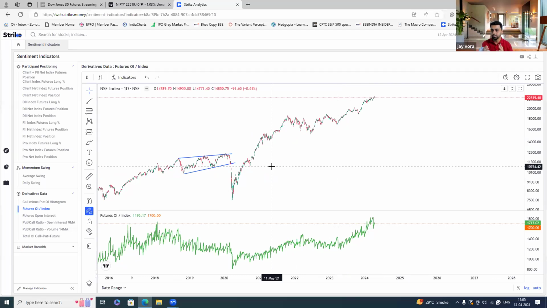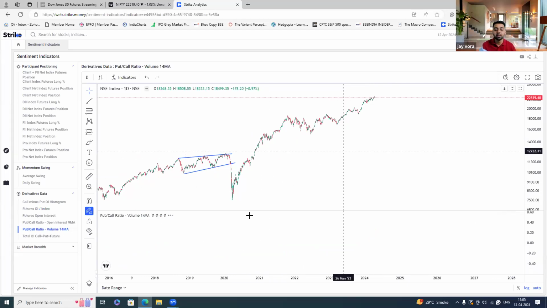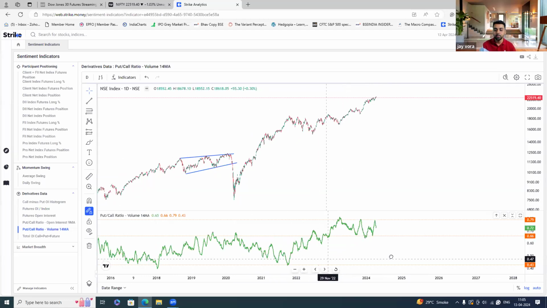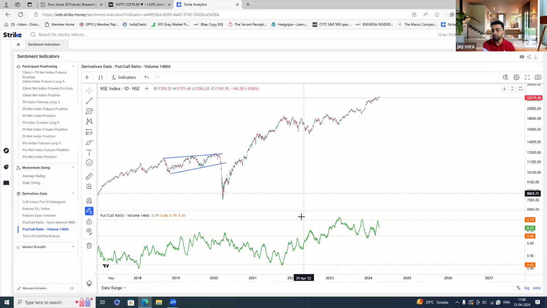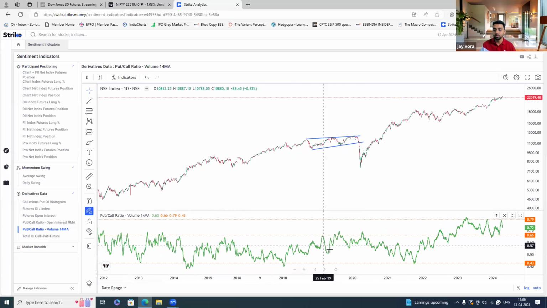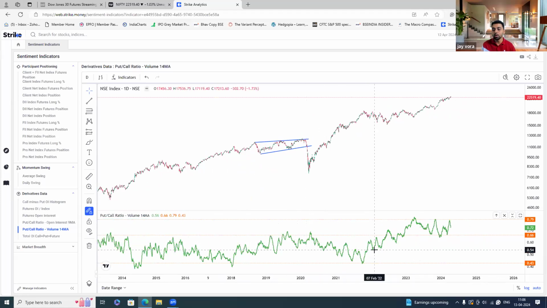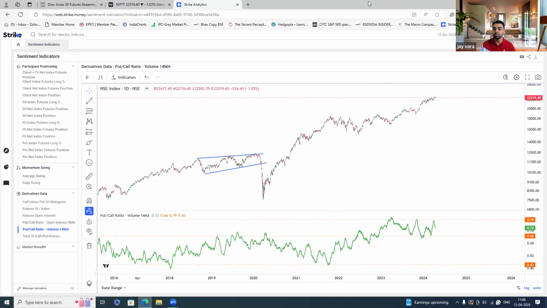So that's how this indicator can be a great help to you to understand where we are in a larger context. Now, similarly, when we see the put call ratio, this ratio has frankly behaved a little differently after 2021, but nevertheless, I will explain how this works. Basically, what it tells you is that when this ratio is at the lower level, that is the time where markets can peak.